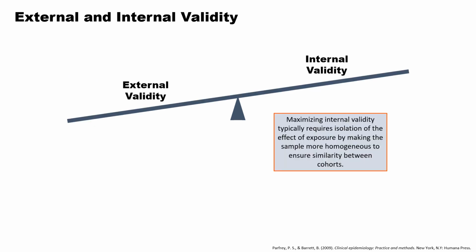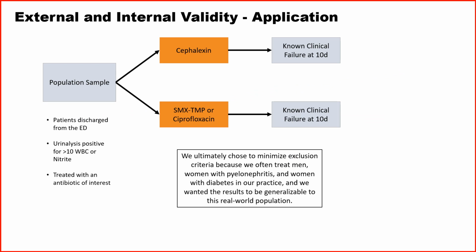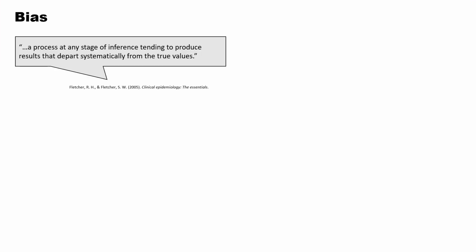And counter to that, maximizing internal validity typically requires isolation of the effect of exposure by making the sample more homogeneous to ensure similarity between cohorts at the expense of generalizing it to other patients that were excluded. So we ultimately chose to minimize the exclusion criteria to try and maximize external validity because we often treat men, women with pyelonephritis, and women with diabetes in our practice, and we wanted these results to be more generalized.